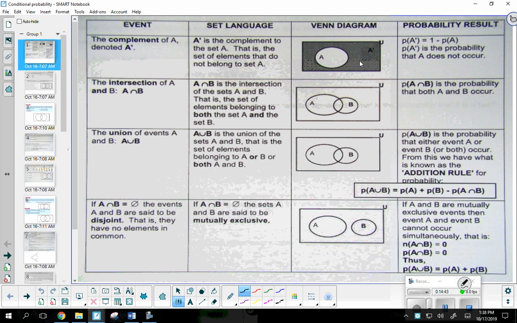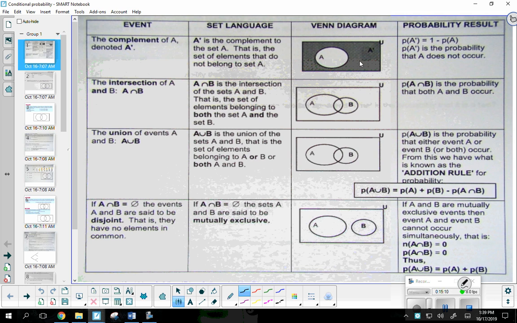Well, not the universe per se, but 100% probability of that event occurring. Remember, our probabilities from the lesson we just finished are going to be between 0 and 1. 0 meaning no chance of that event occurring, and all the way up to 1 guaranteed. So the probability of A complement is the probability that A does not occur.